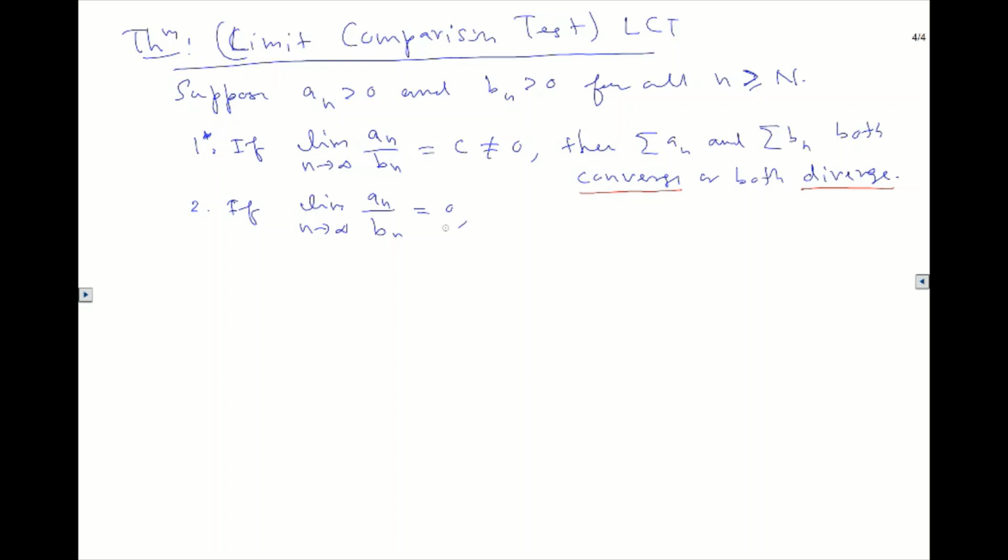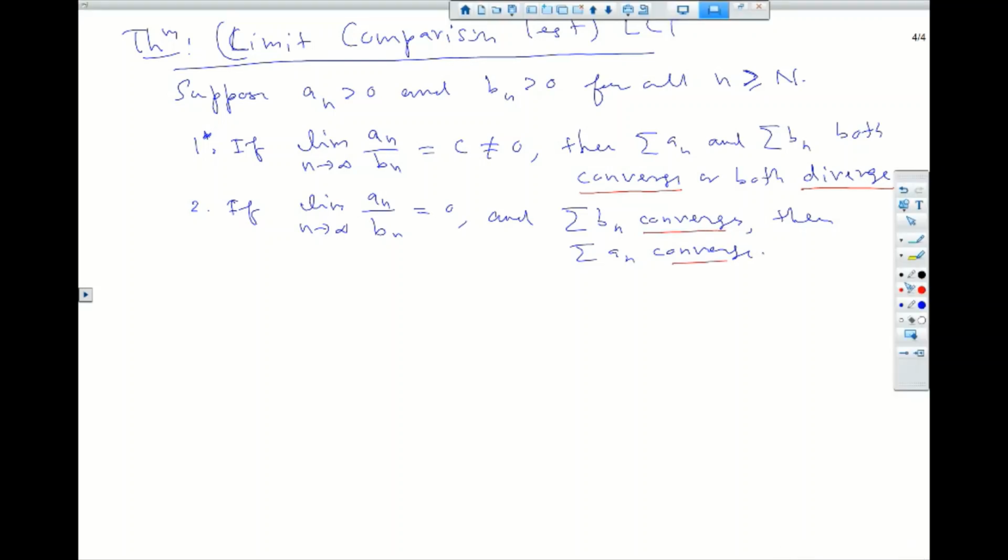That's what this limit 0 means. an is smaller compared to bn. But if we know that the series bn converges, since the values of an are smaller, it has to converge. So the limit is 0 and sigma bn converges, then sigma an converges. If sigma bn diverges, we can't say anything. It's only for converge.